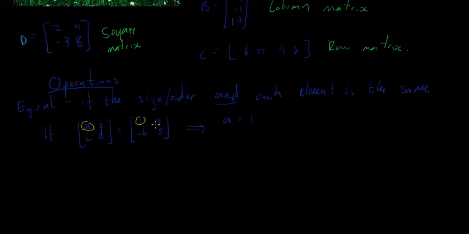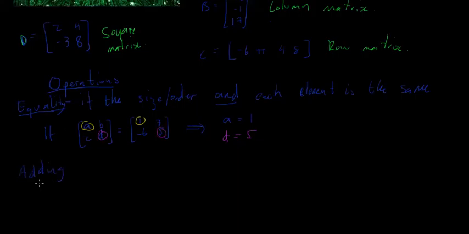They are both 2 by 2 square matrices, and each element must be the same. So if they're equal, A must be equal to 1. Alternatively, D must be equal to 5. You get the idea of those other ones there. So that's the equality of matrices.